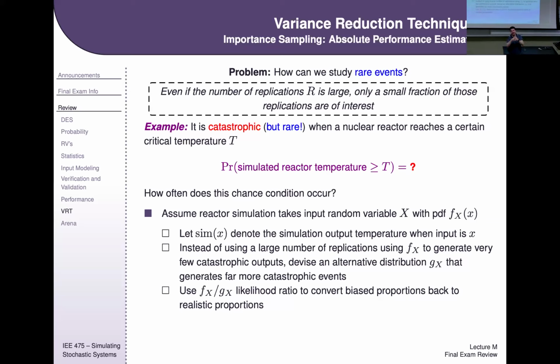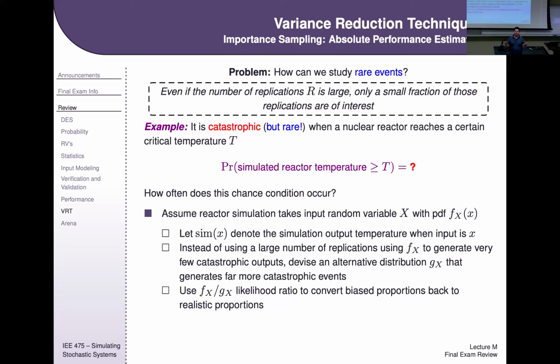But by knowing that the inputs are very rare and how rare they are, you can use a likelihood ratio, this f(x)/g(x) ratio here, to scale those outputs down, and then estimate the frequency of rare events in a simulated world where they're not rare. So that's the idea of importance sampling.